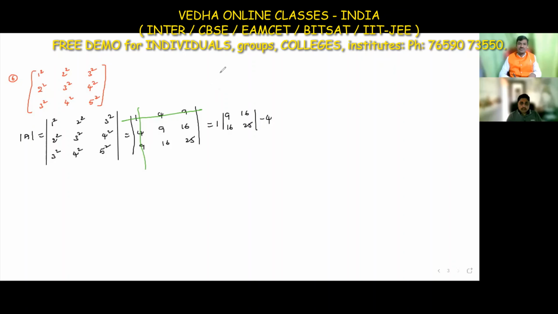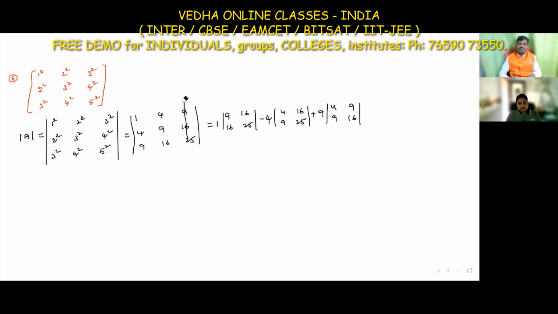Minus 4: whenever you take the 4, you have to close the second column. Then we get 4, 9, 16, 25. After that we take the third one, plus 9 into the remaining elements 4, 9, 9, 16.